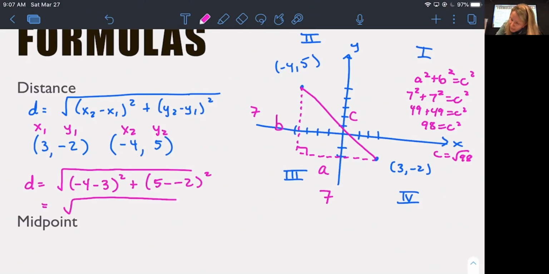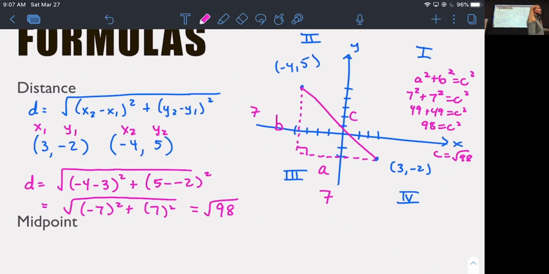So it's going to be -7 squared plus, if I take 5 minus -2, that becomes 5 plus 2. And again, I have 7 squared. -7 times -7 is 49. 7 times 7 is 49. So again, I get the square root of 49 plus 49, which is 98. Either way you do it, you get the same answer.